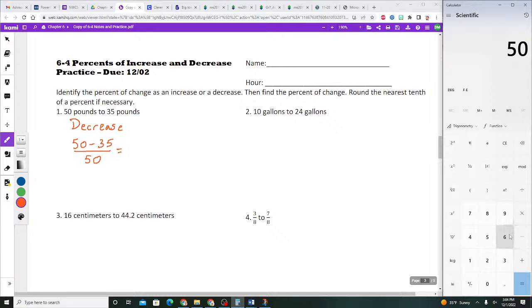So 50 minus 35 is 15, and 15 divided by 50 is 0.3. That's a decimal, so we're going to take that decimal and multiply it by 100. And so we get 30% as a decrease.